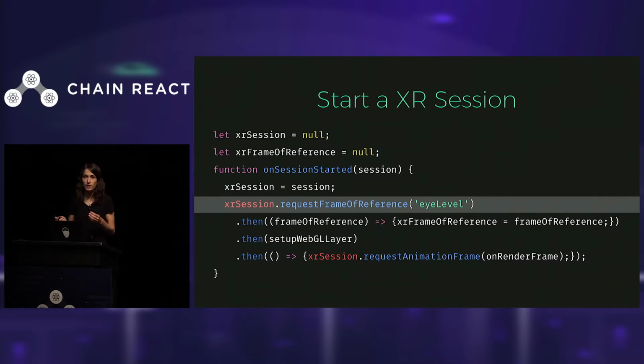And this frame defines where the origin of the coordinate system is calculated from and what happens to it when the device moves. So there are currently 3 different types of frame of reference. First is head model, then there's eye level, and stage. Head model means that the origin is approximately a user's head, and it stays the same even if the viewer moves.